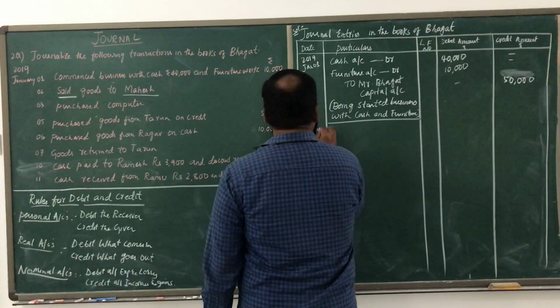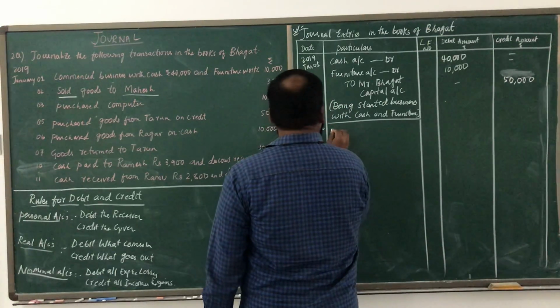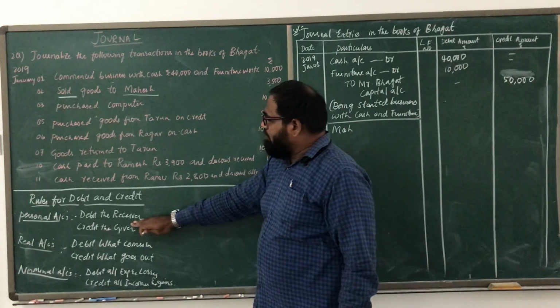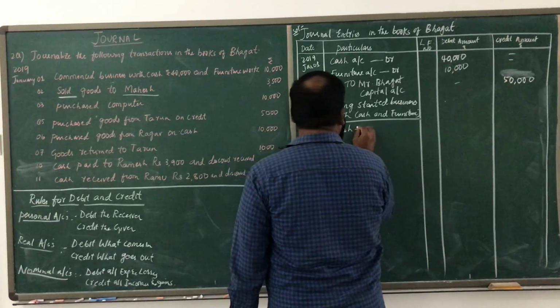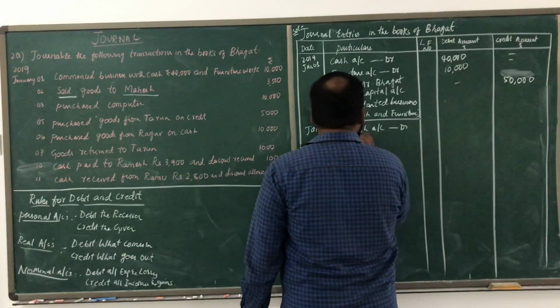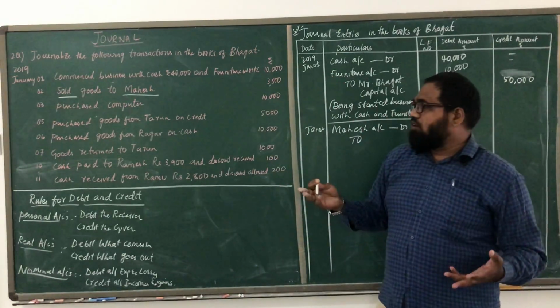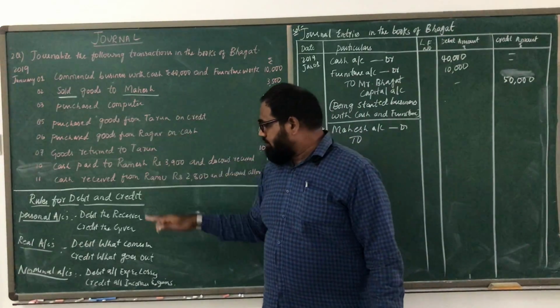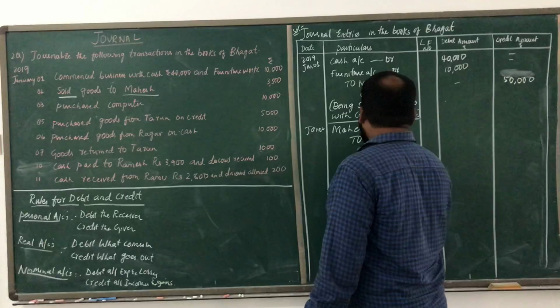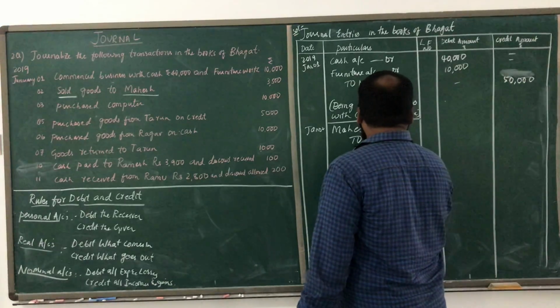January 2nd, second transaction. Mahesh should be in the debit. Why? Because as per the rule of personal account, debit the receiver. Mahesh is the receiver here. Mahesh account debit. To sales: from our business, goods are going out. Then we write to sales in the credit.